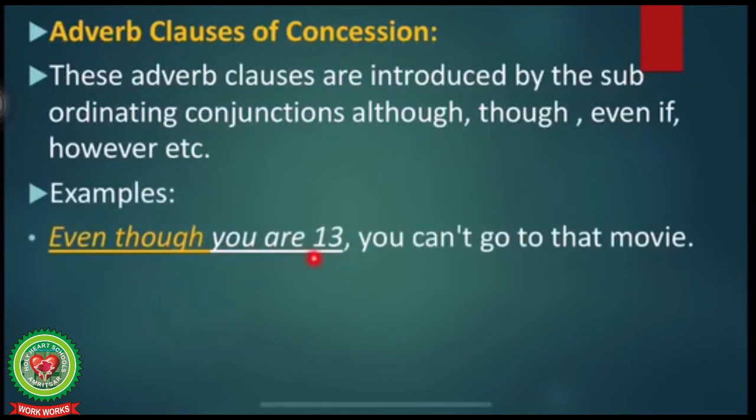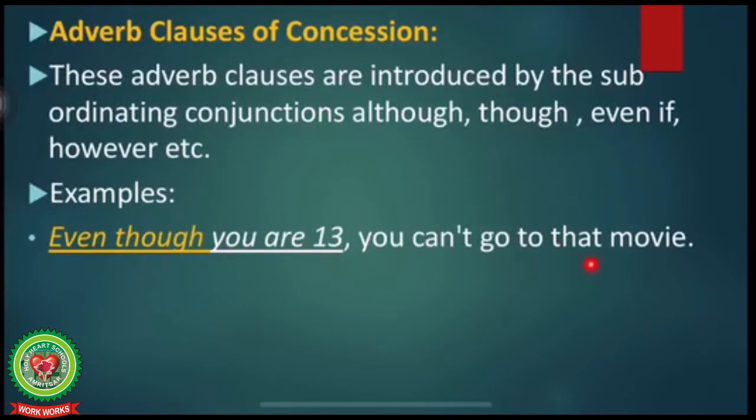Even though you are 13, you can't go to that movie. Again here you need to find the subordinating conjunction. The subordinating conjunction here is even though, and we know that even though is a subordinating conjunction of contrast. So even though you are 13 is a clause of concession, right?